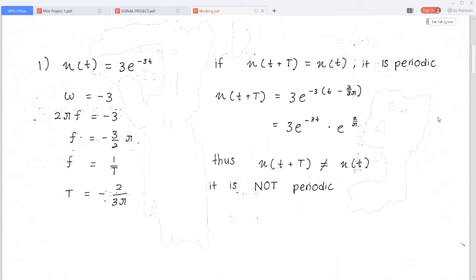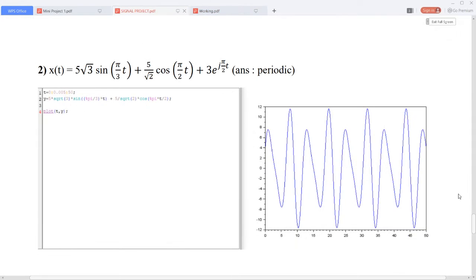You can pause the video to see the working, but the final answer is x(t plus period) does not equal x(t), thus the signal is not periodic. On to the next question.